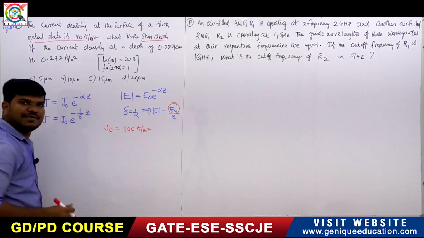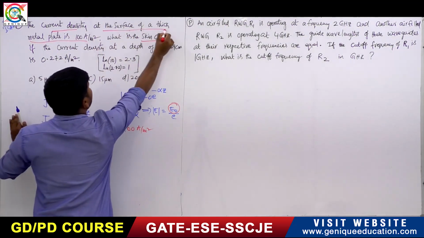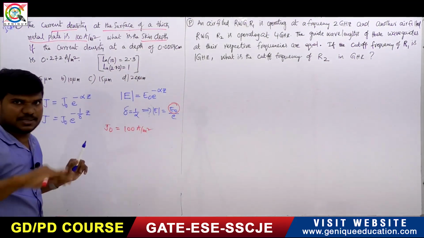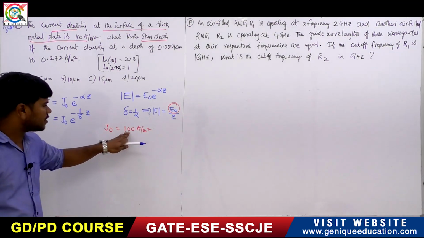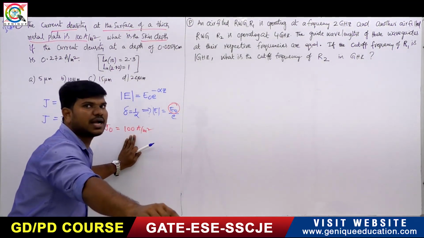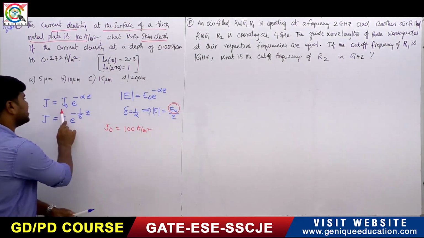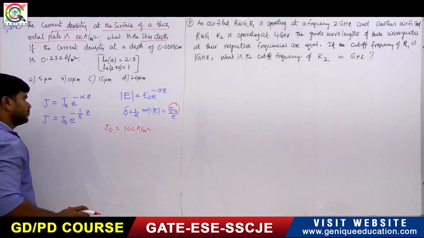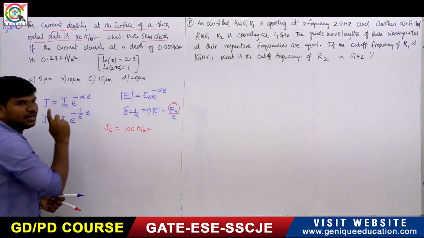Why is it the initial value? He said that on the surface, J0 equals 100 ampere per meter square. As the wave goes into the conducting surface, the current density decays exponentially. So the skin depth here and there are the same.